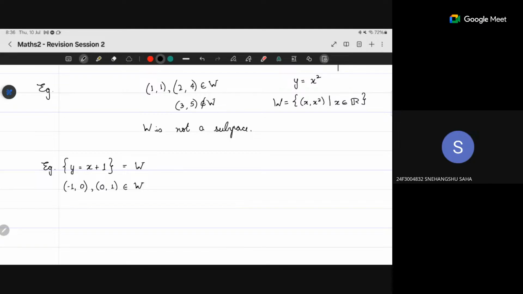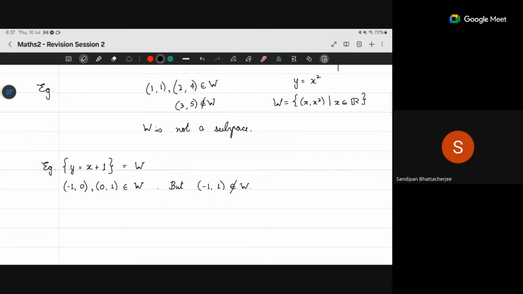Both of these belong to the set. But what about their sum? No, because if you take a generic vector, it should be x1 plus x2 and x1 plus x2 minus 2, which doesn't belong to the subspace.